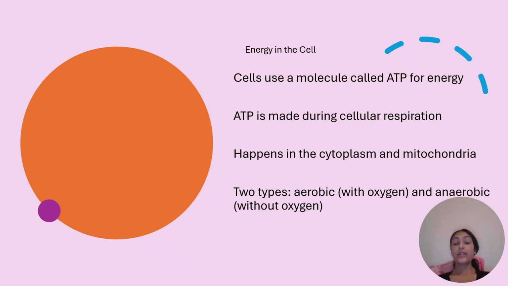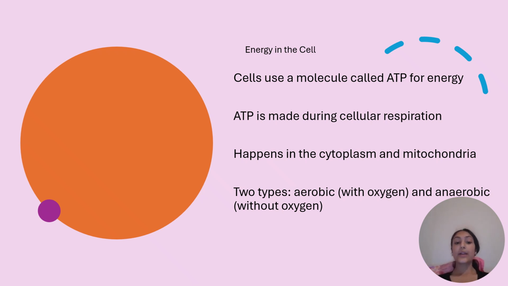ATP is made during cellular respiration, which starts in the cytoplasm and continues in the mitochondria. And there are two types: one is aerobic and one is anaerobic.